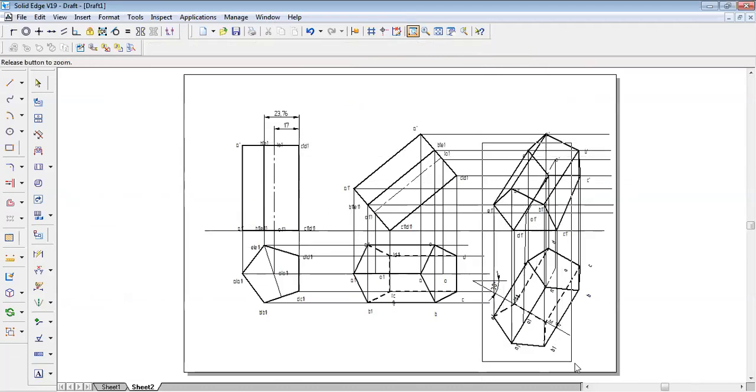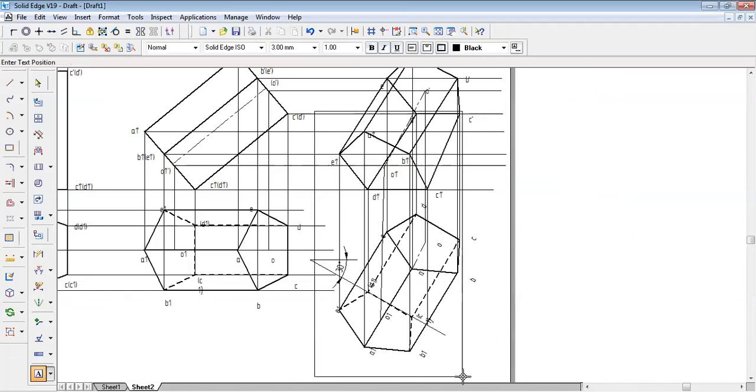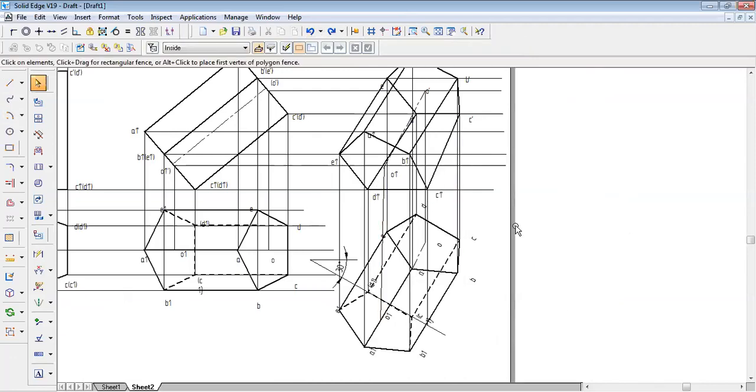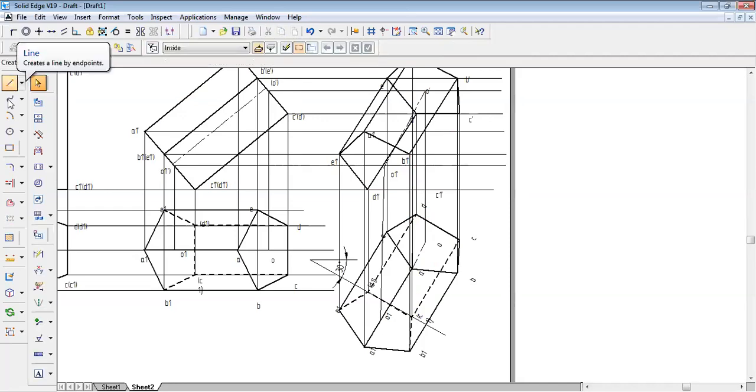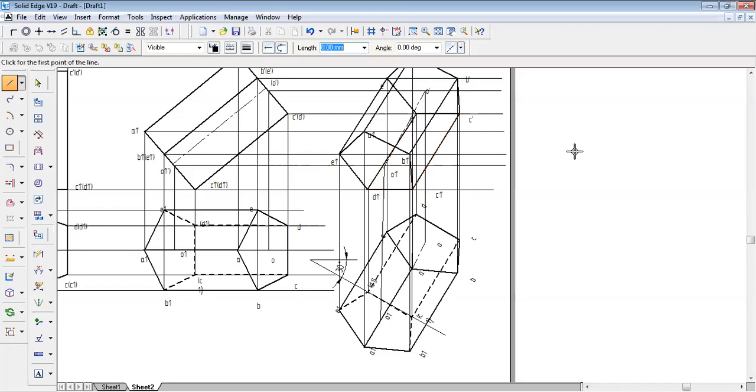Let's see what happened there. I have to mark the hidden side.